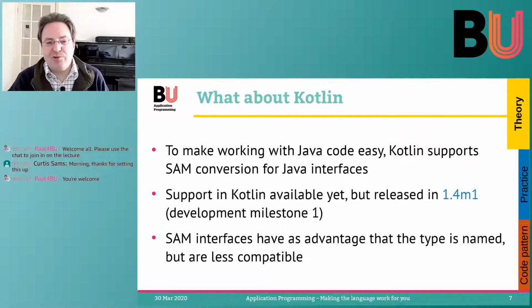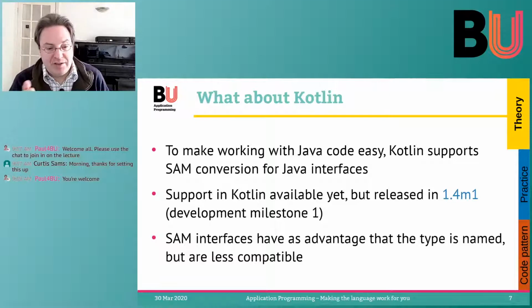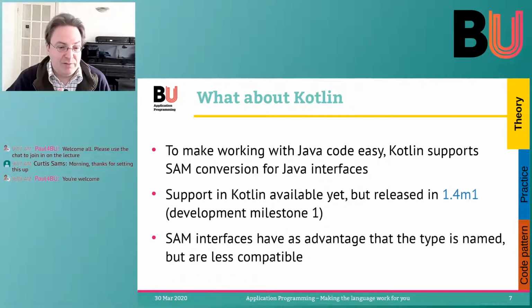So there are some snags with that, and you need to be careful with those things. What we find also is that the types are named with SAM interface. So there's some advantage of having them, and that's partially why we want them for Kotlin, even if we do not have the Java compatibility need.